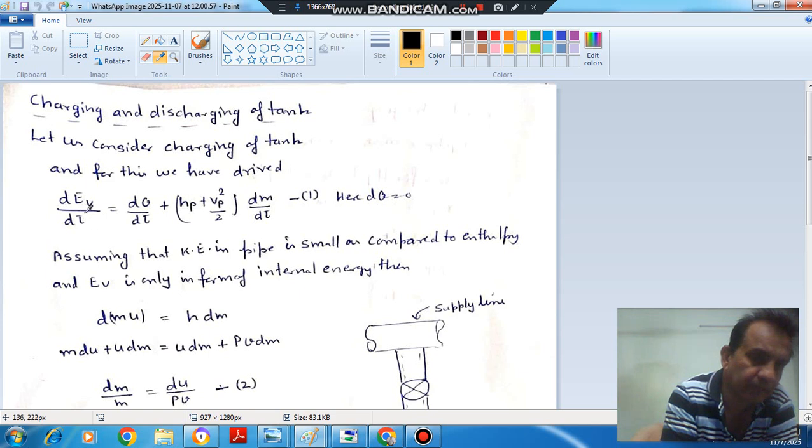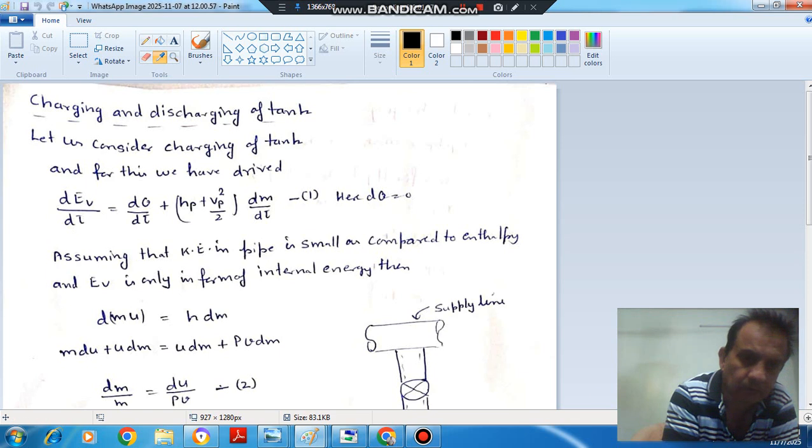And this change in energy of the control volume is only in the form of internal energy, so this can be written as d(mu). We'll assume that the pipeline has very low velocity, or very low kinetic energy, as compared to its enthalpy. So we neglect the kinetic term and keep the enthalpy. So this can be written as d(mu) equals hp dm for a finite time.